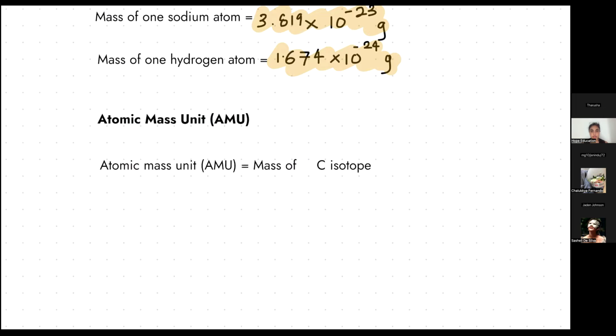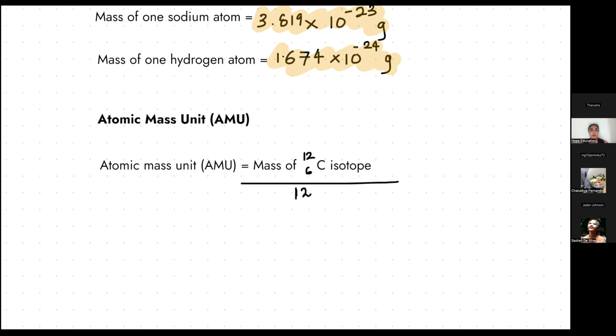I'll explain this now, wait. This is what an atomic mass unit means. You take the mass of the carbon atom or the isotope and you divide it by 12.